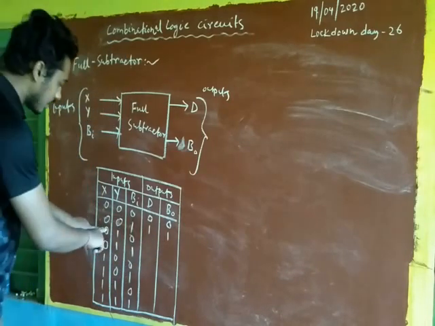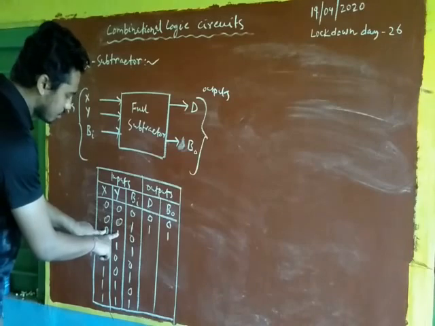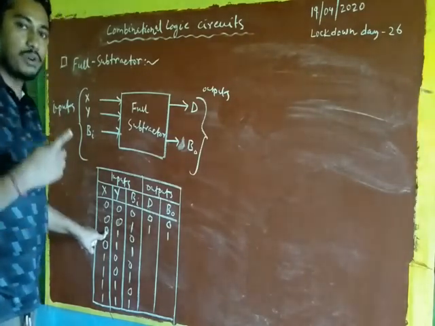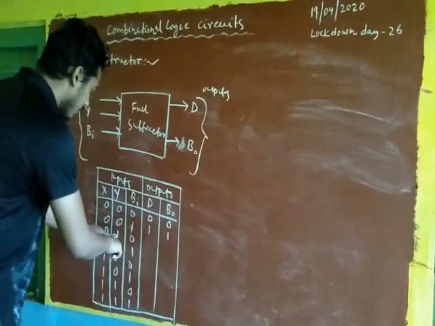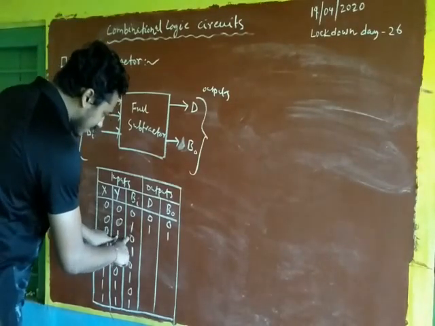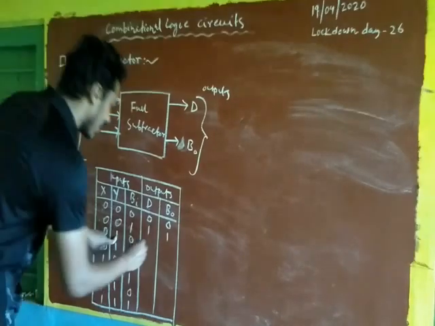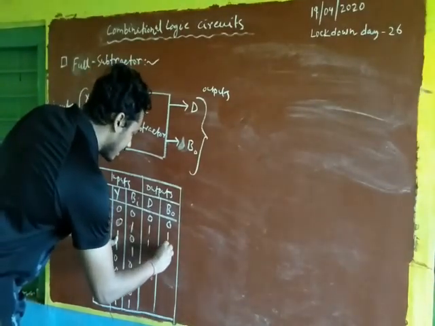Okay. Now for the next one, 0 minus 1 is 1, difference is 1 and borrow is also 1. Now result is 1, so 1 minus 0, difference is 1 and borrow is also 1.